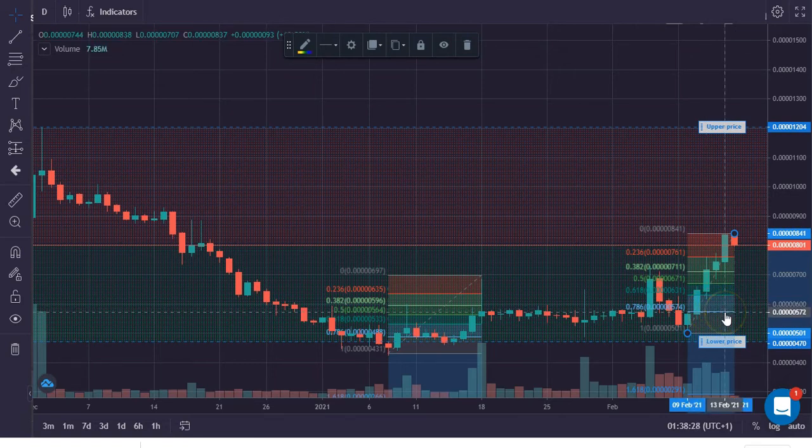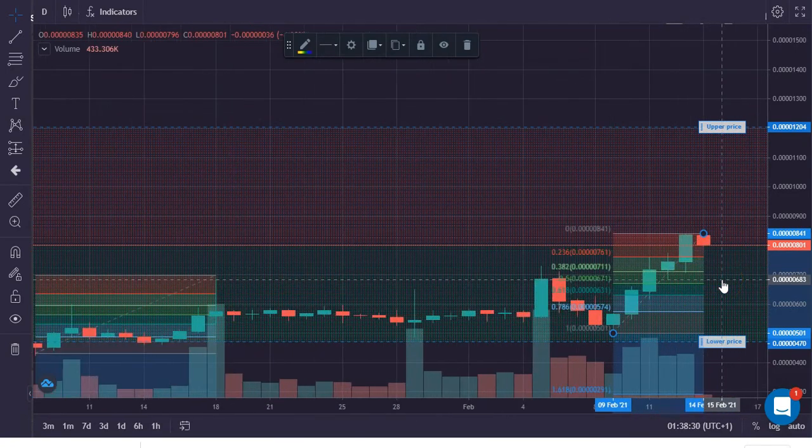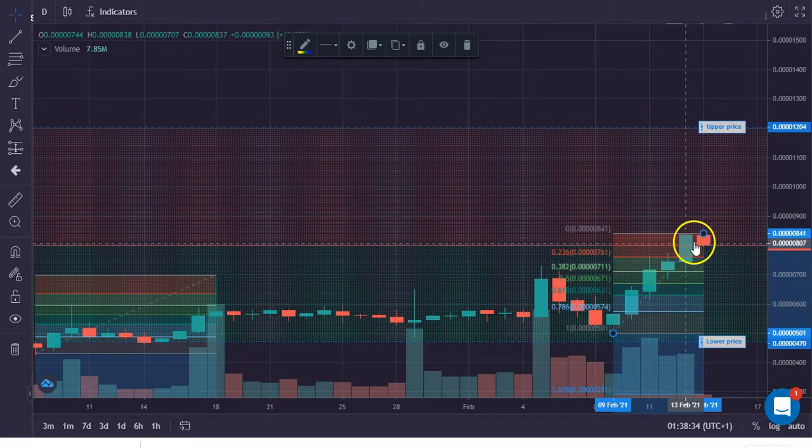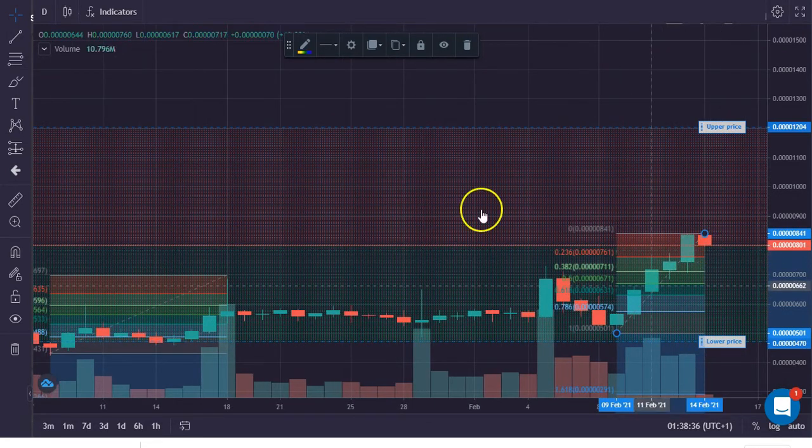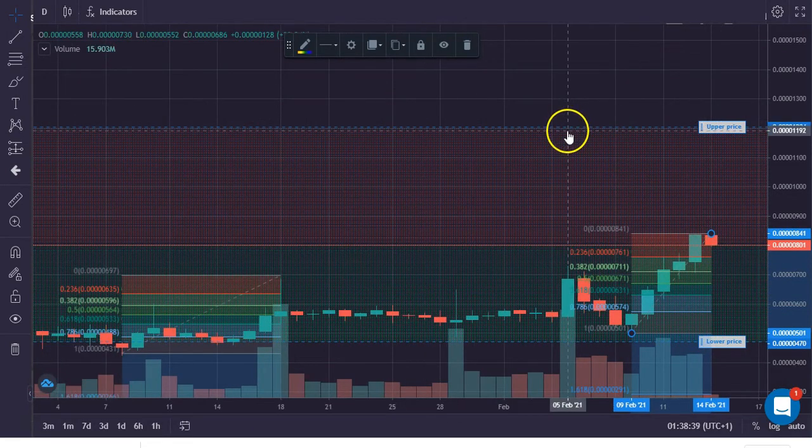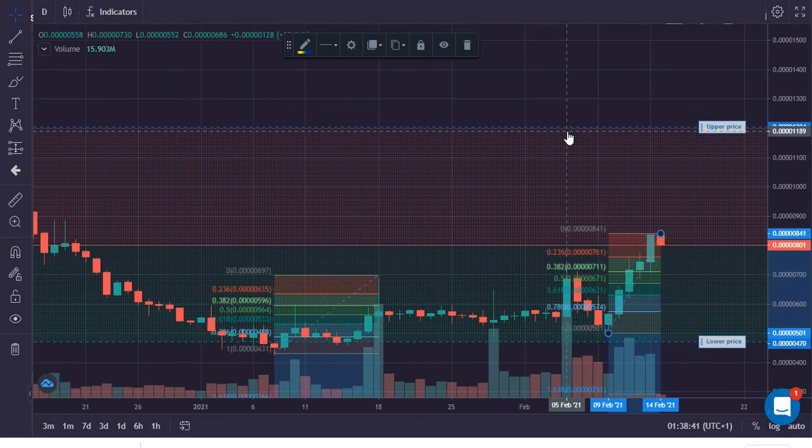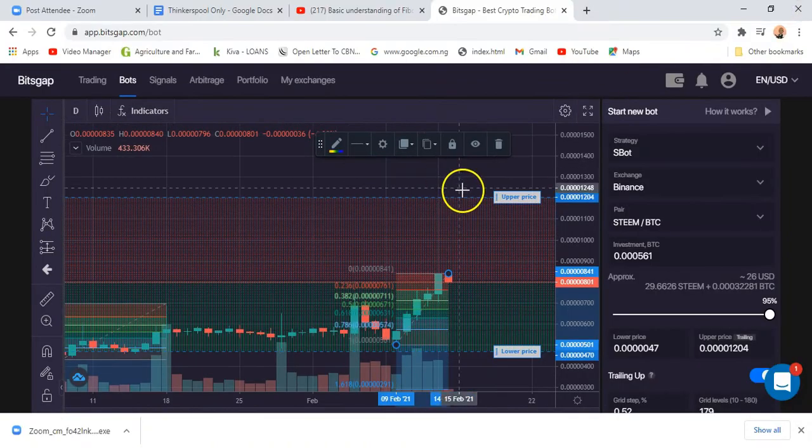Okay, so this is what I'm going to use as a predictive tool in this market. Okay, let me try and contrast this and collapse this.